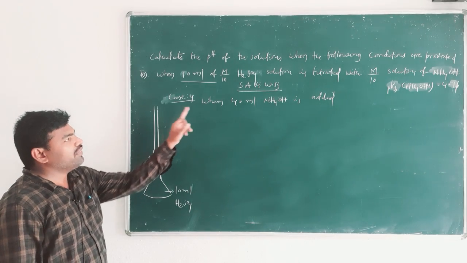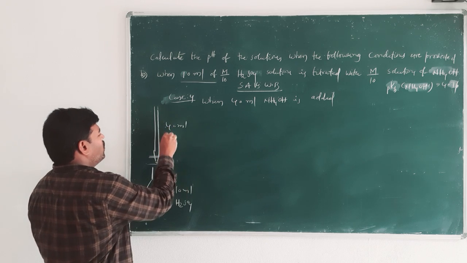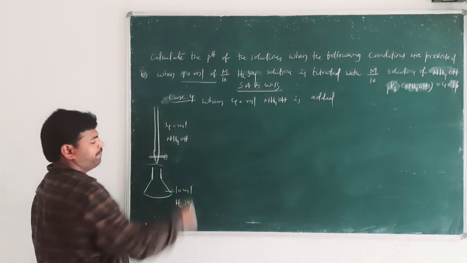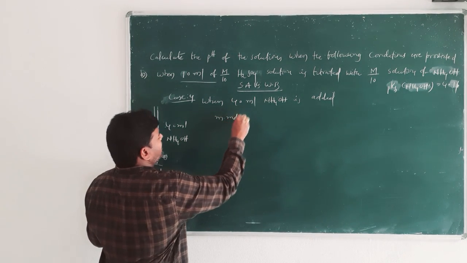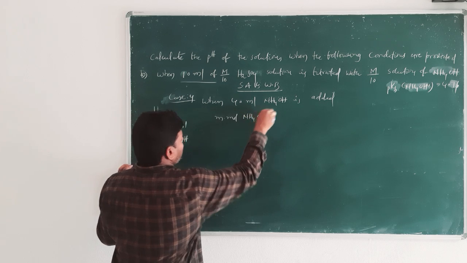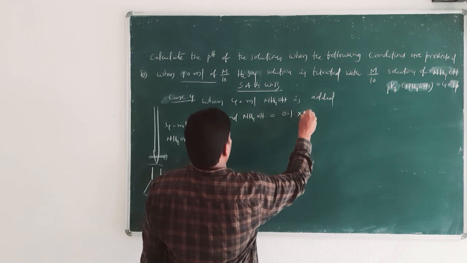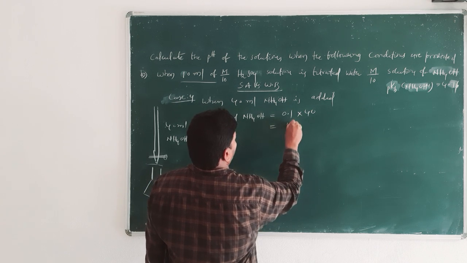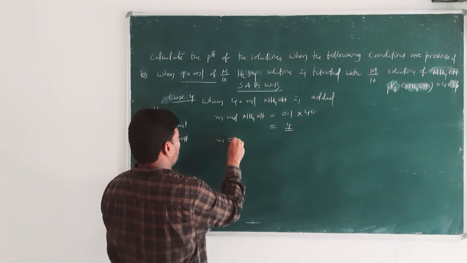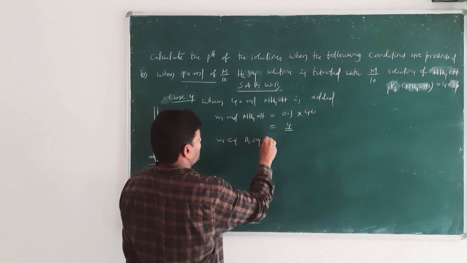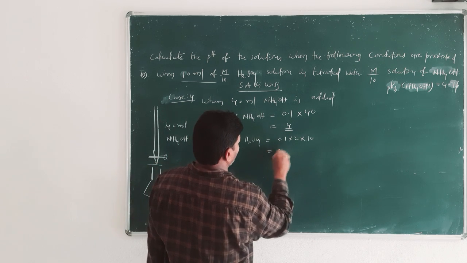And case 4 is when 40 ml of NH4OH is added. In this case also we have to calculate the millimoles. Millimoles of NH4OH is its concentration 0.1 into 40, that is 4, and milliequivalents of H2SO4 is 0.1 into 2 into 10, that is 2.